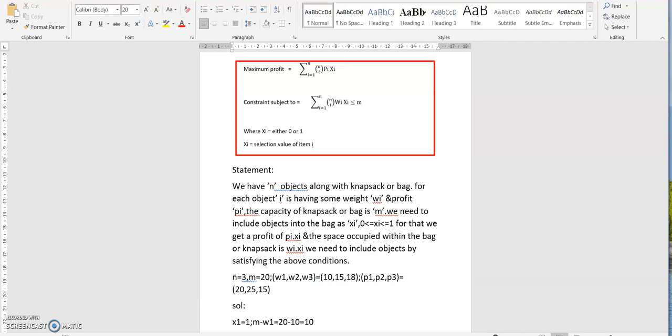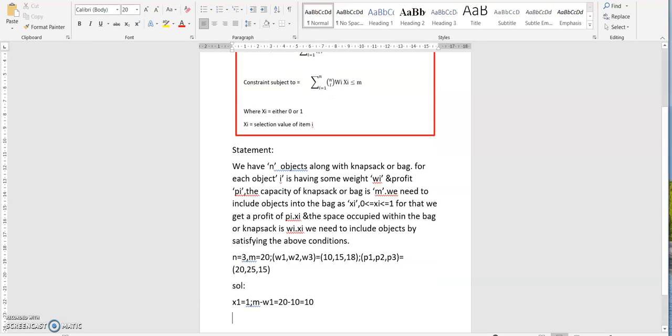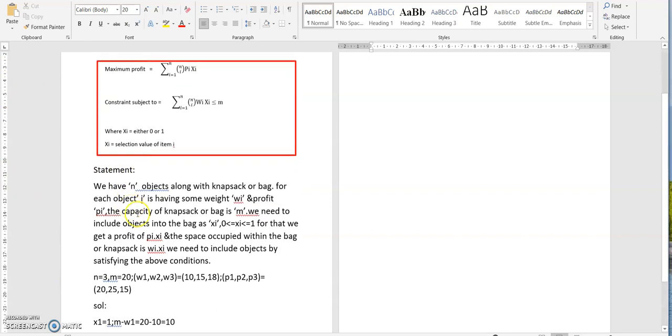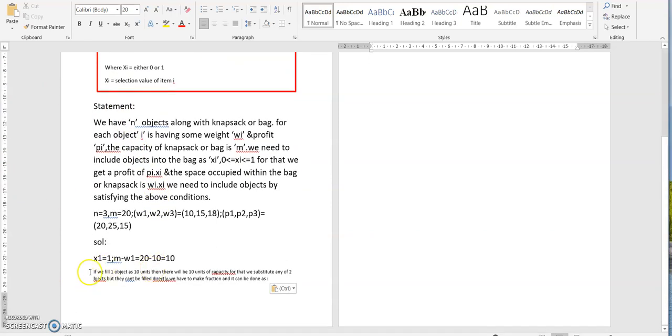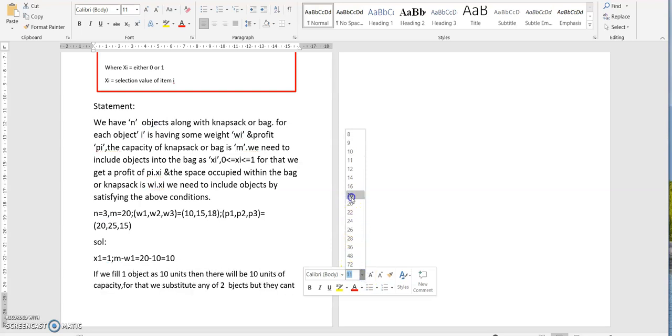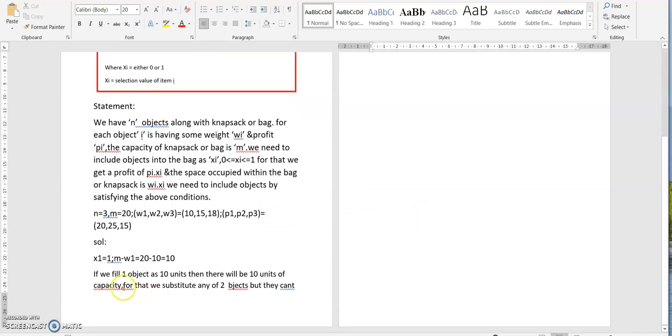There will be 10 more free. Here if we fill the first object, whose weight is 10 units, then there will be 10 units of free space in the bag.